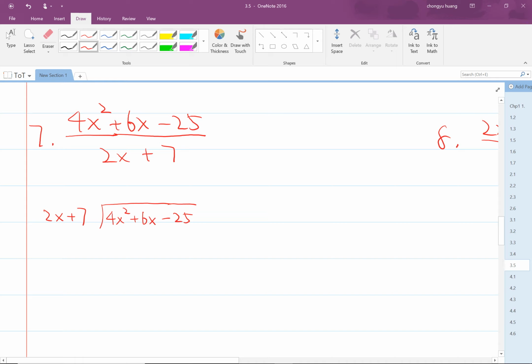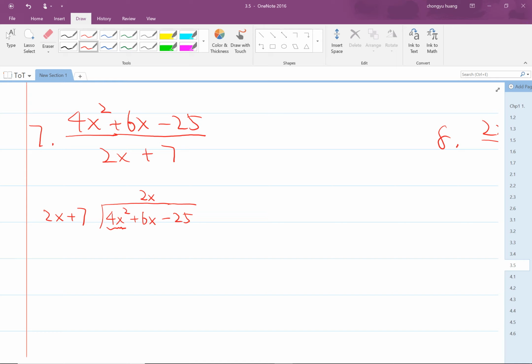As the first term, we have 4x squared, so we want to cancel this term. How do we cancel this term? By multiplying by 2x.